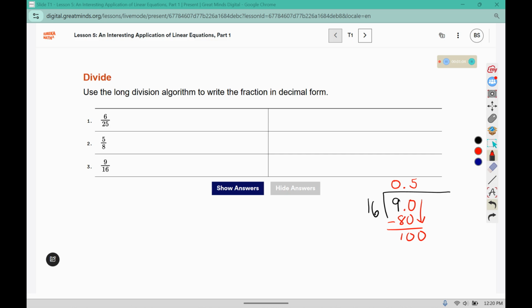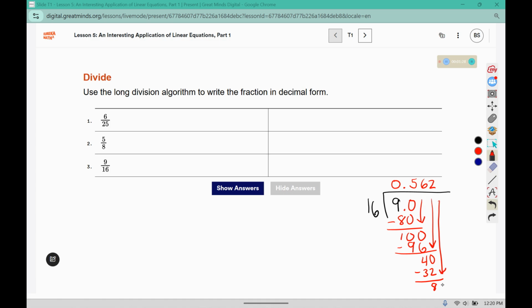So we were at 5 for 80. And if we add another one, that would put us at 96. 100 minus 96 is 4. 16 times 2 is 32. 40 minus 32 is 8.